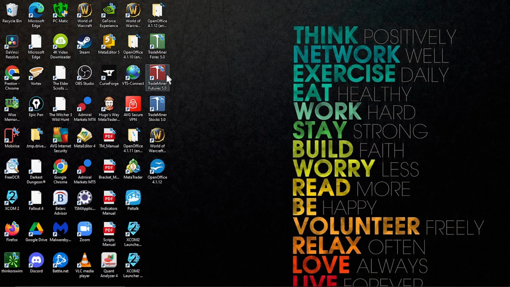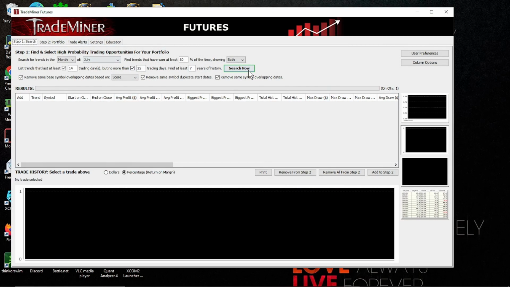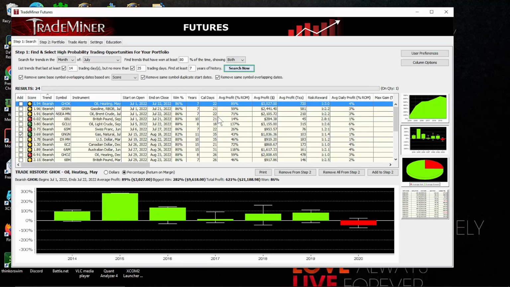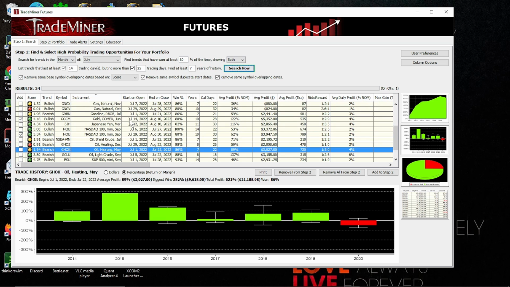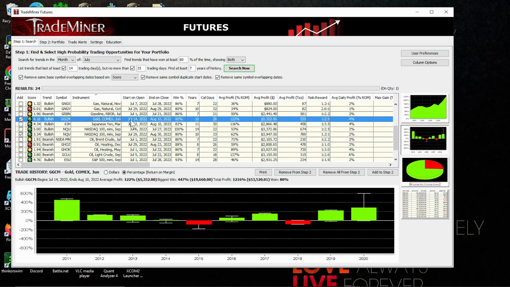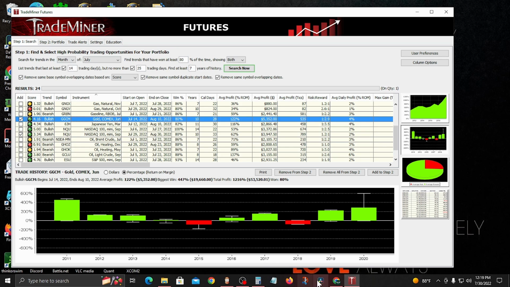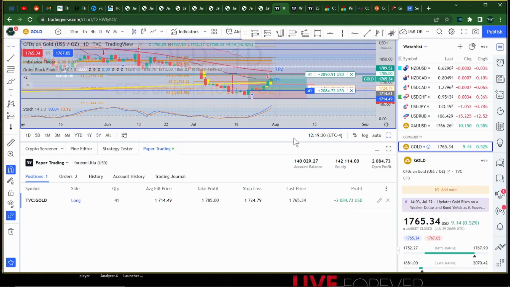Let's pull this down. Let's go to gold, for July. Let's find the instrument of gold. Comex gold, here, July 14th to August 10th. We have a bullish call. So let's look at that on a chart, from the 14th to August the 10th.